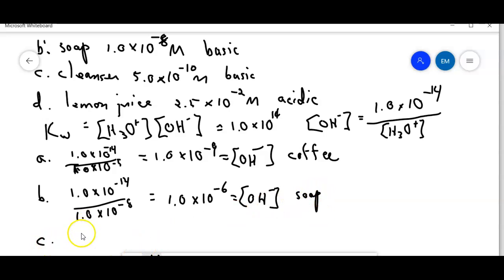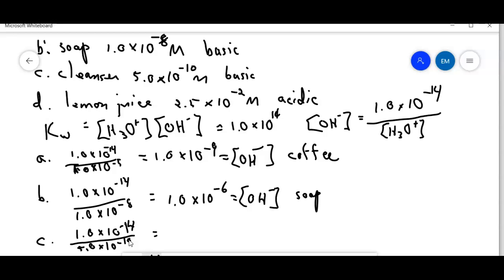C, cleanser: 1.0 times 10 to the minus 14th divided by cleanser, 5.0 times 10 to the minus 10th. I'm not going to eyeball this; I'm going to use the calculator.